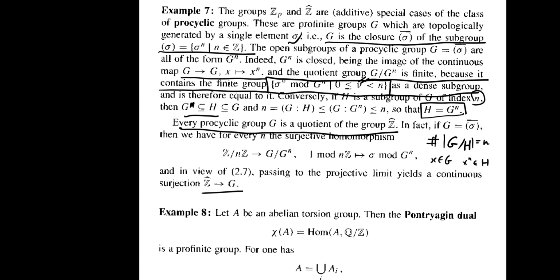In this case, the problem is to look at the procyclic group condition, the definition. These are profinite groups which are topologically generated by a single element. In this case, we don't know what the single element is. It may not be Frobenius, but it is a single element. And we claim that all the profinite procyclic groups are quotients of Z hat.